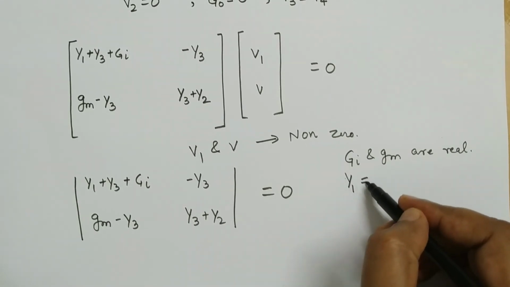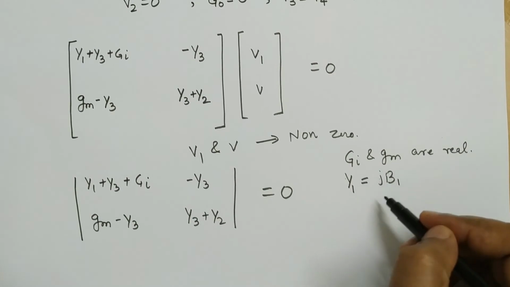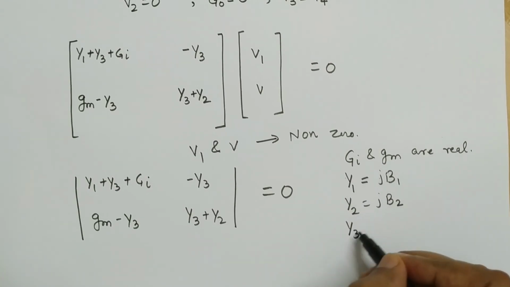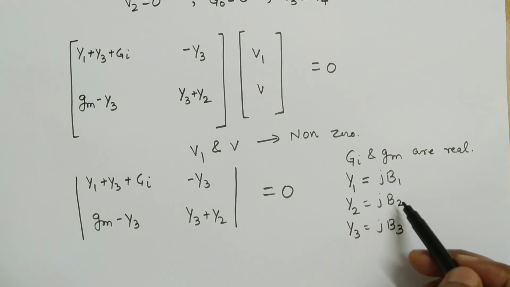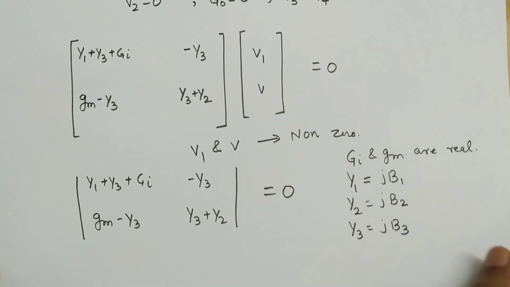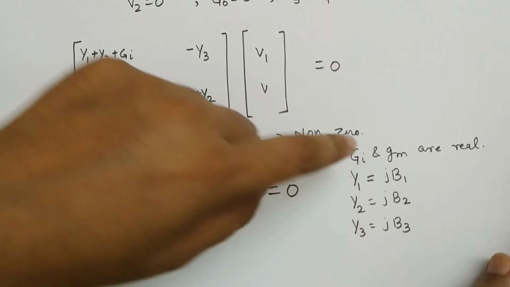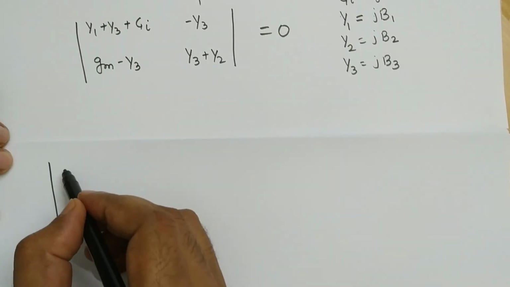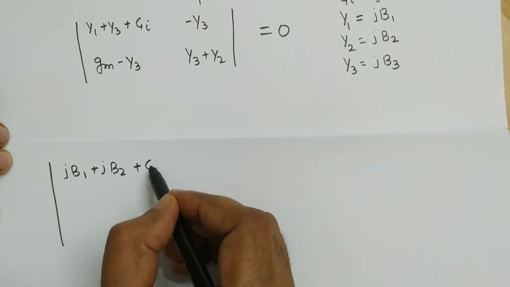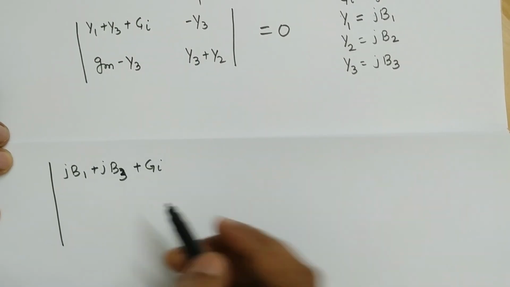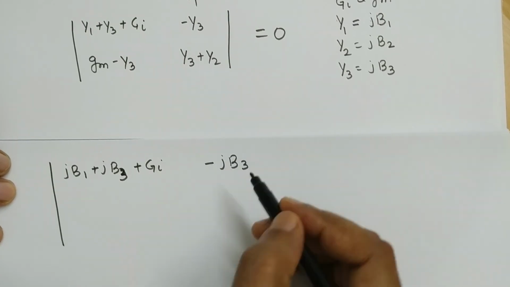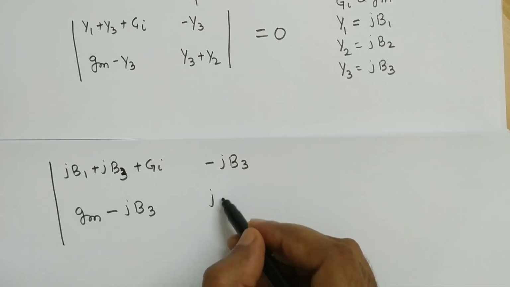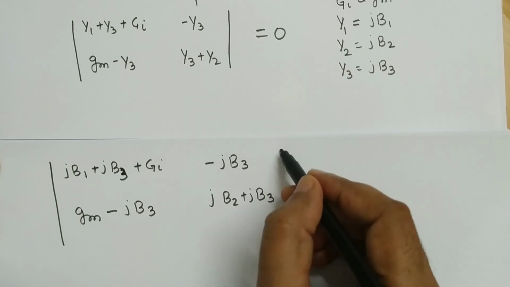So in place of Y1 we can write jB1, which is the susceptance, then Y2 as jB2 and Y3 as jB3, where B1, B2 and B3 are susceptances of the reactive elements. And replacing these values in this equation, we will get jB1 plus jB3 plus Gi, minus jB3, Gm minus jB3, and here we have jB2 plus jB3 equal to 0.